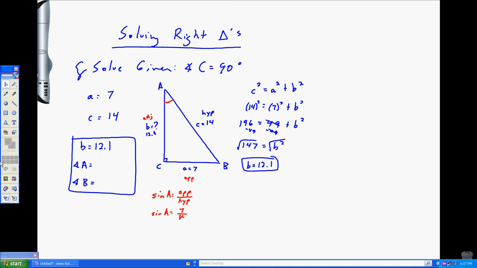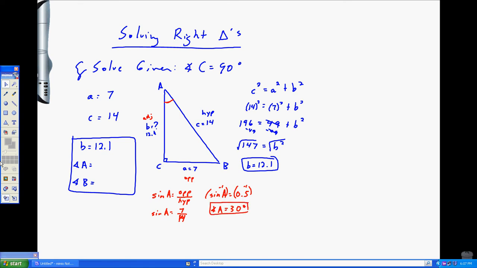So now, the sine of A equals 0.5. And when I second function that, 0.5 second function sine, I get 30. So angle A should equal 30 degrees.